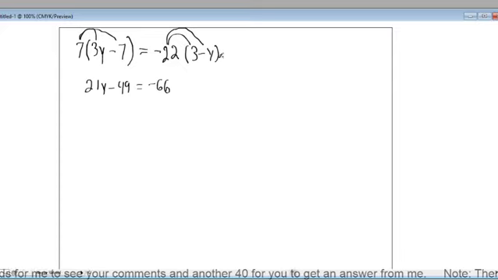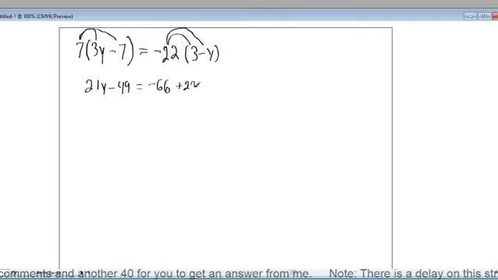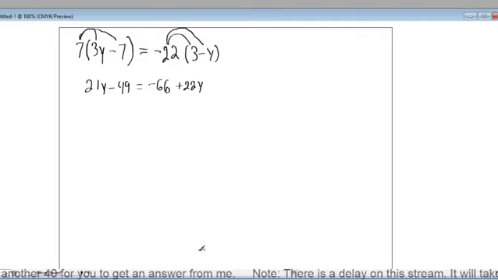And then negative 22 times negative y is going to be positive 22y. All right. So now both of these expressions, the ones on each side, are simplified.